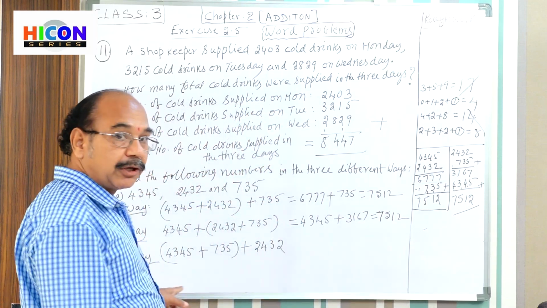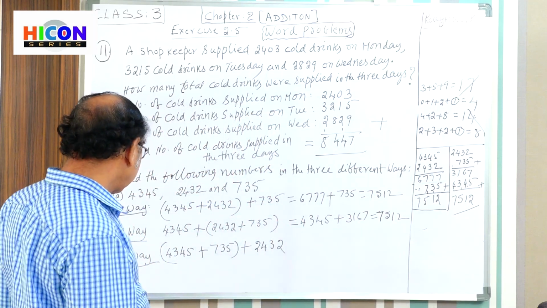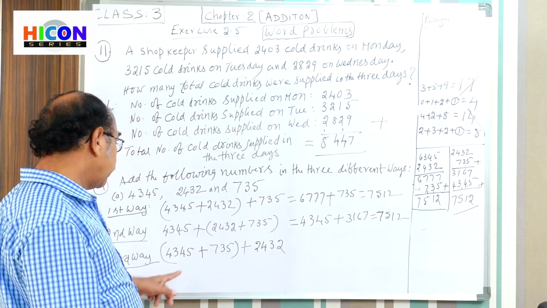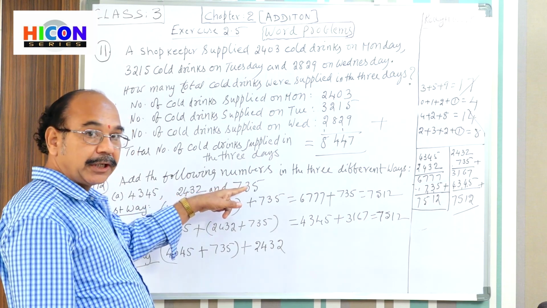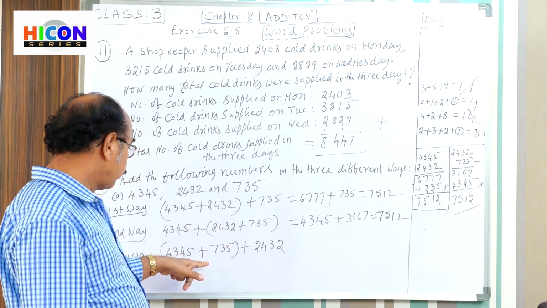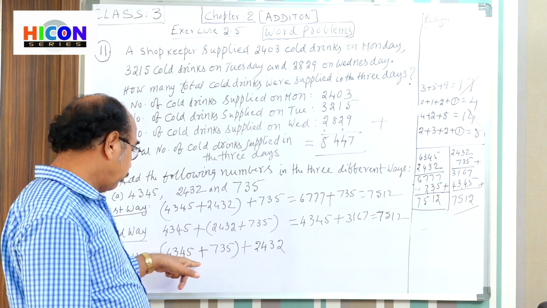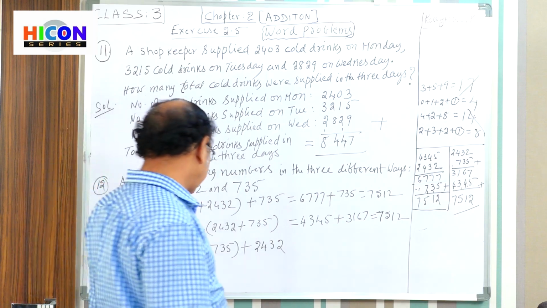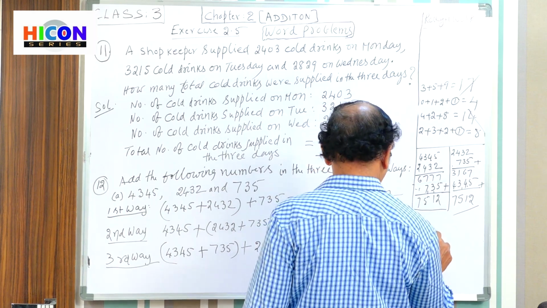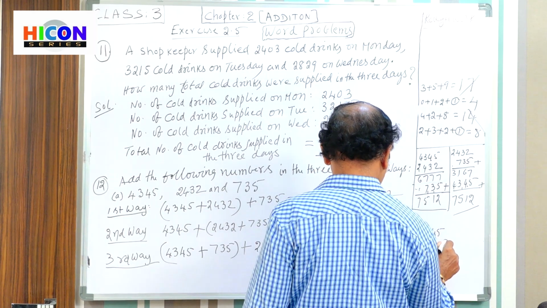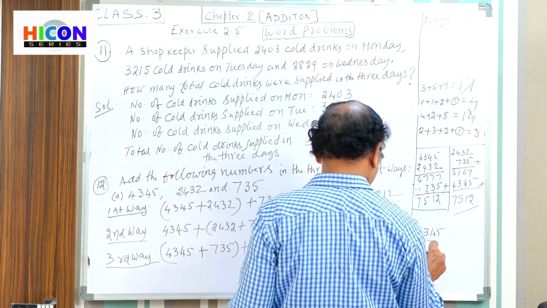Now come to the third way. In the third way, the two numbers are taken as a group. That means the first number and the last number are taken as a group. So add the two numbers in this group. 4345 plus 735.